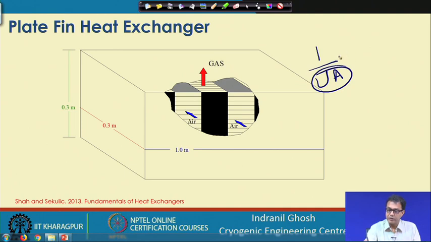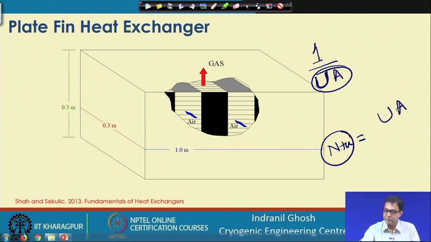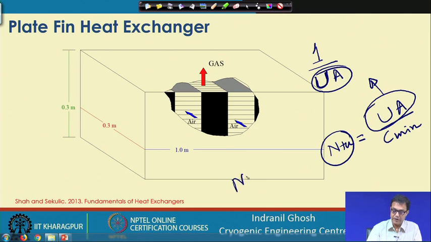If you remember, in the last class we talked about the NTU, which is basically UA by C min, and for calculating the UA we are trying to evaluate all these numbers NP, and from NP we have to find out the area and so on.